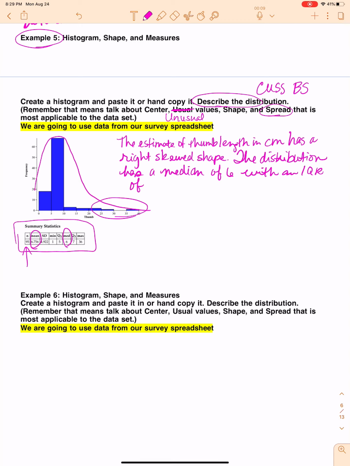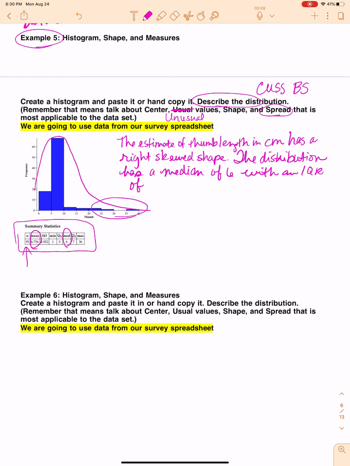It's not by happenstance that I chose to talk about the IQR as a measure of spread. When I say the median is the measure of center I'm choosing to talk about because it's the best thing to talk about in a skewed set of data, I must refer then to the spread or the variability as the IQR.